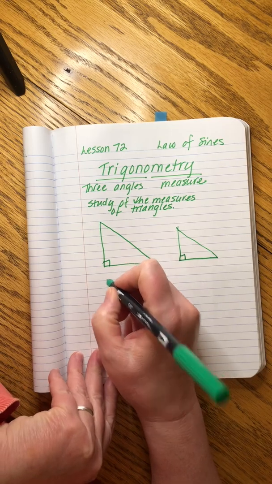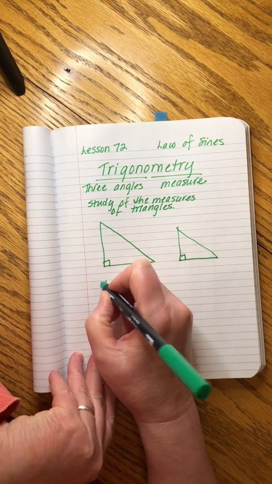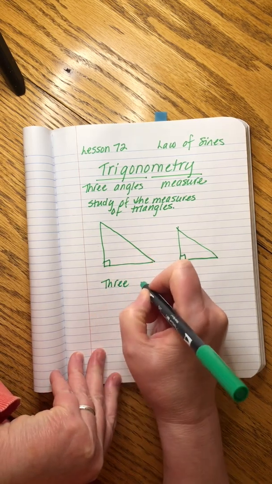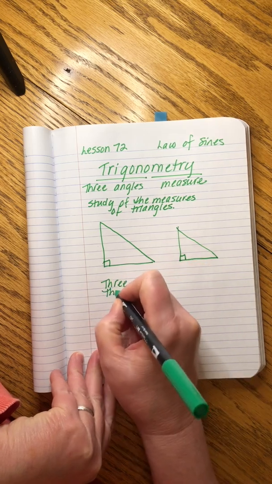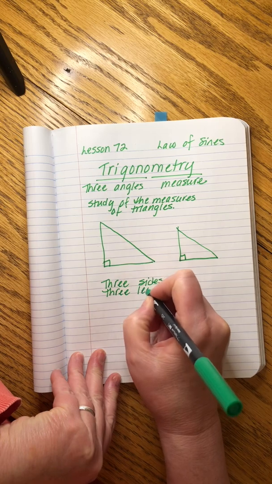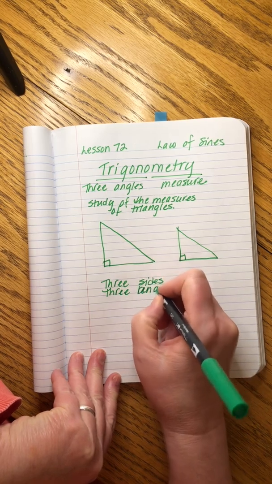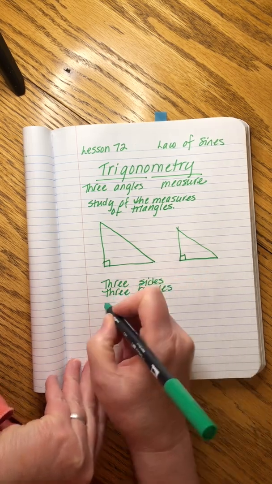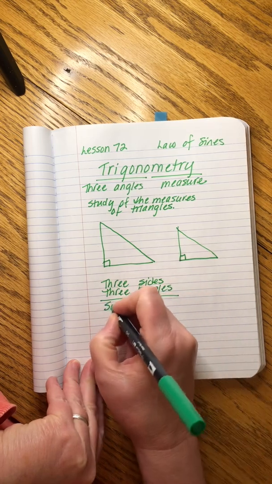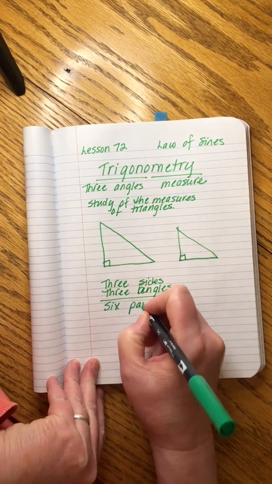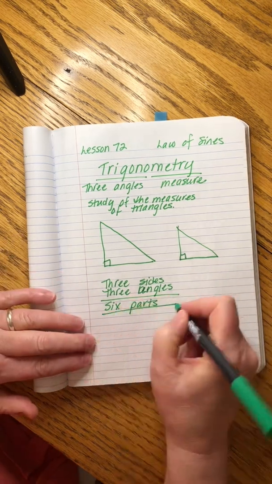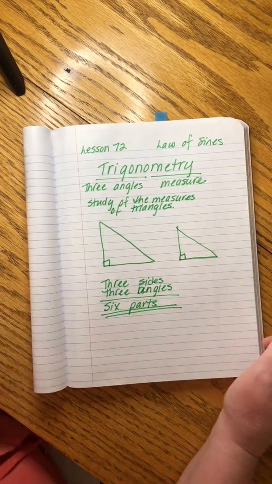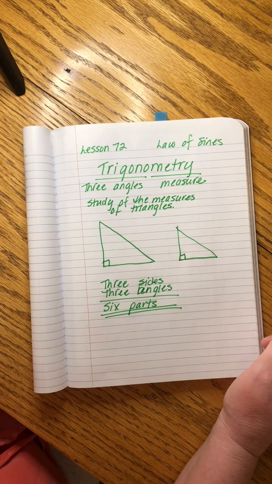Remember that there are 6 parts to a triangle. There are 3 sides, and there are 3 angles that we measure in degrees, and this gives us a total of 6 parts. And we have been solving triangles, which means finding all 6 parts, by using our really fun trig functions.